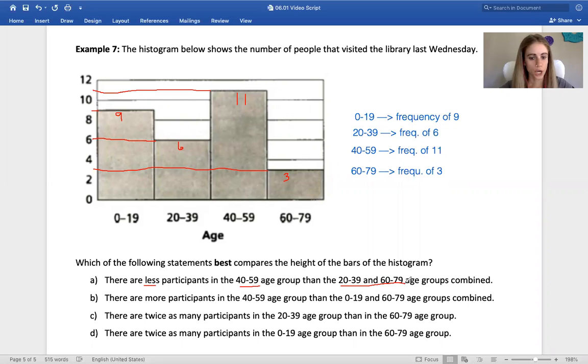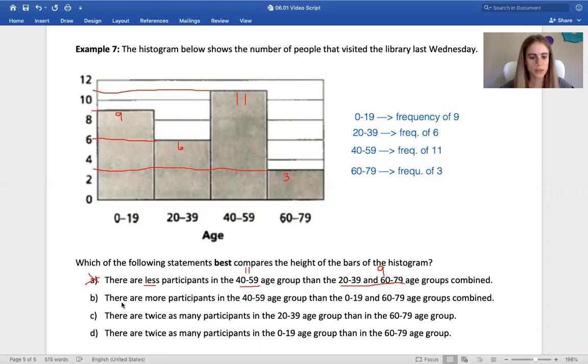Well, I know we have 11 people in this age group. And then there's 6 in the 20 to 39 and 3 in that one. So 6 plus 3 is 9. So is there less participants in this one than this one? No, there's more. So that can't be it.